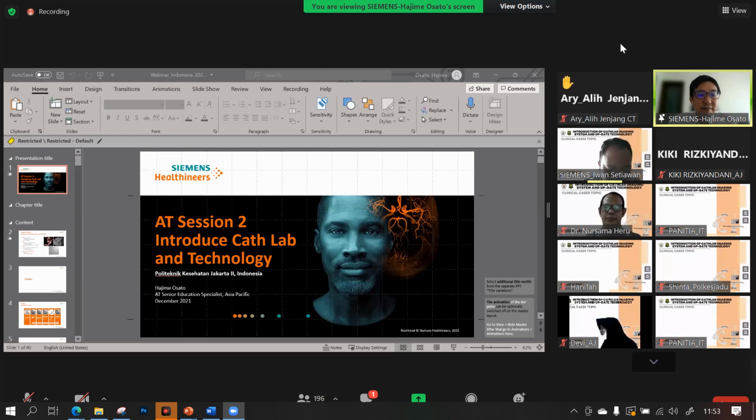The question is, if we change the frame rate, is there any different selection of the frame rate between adult and pediatric? Based on your experience in your previous hospital, are there different frame rate selections for adult and pediatric patients, Hajime-san? I think this is the main question.